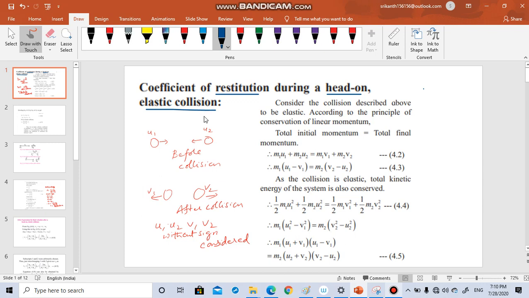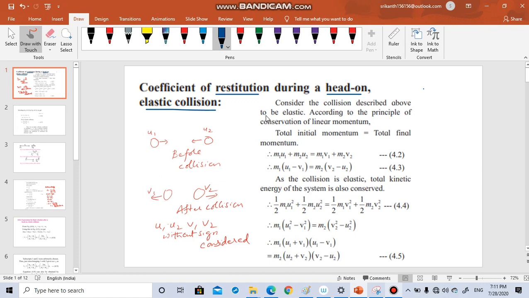We have also talked about coefficient of restitution. The basic formula was E is equal to minus Vs by UA. Vs means velocity of separation, UA means relative velocity of approach. Here relative is very important.